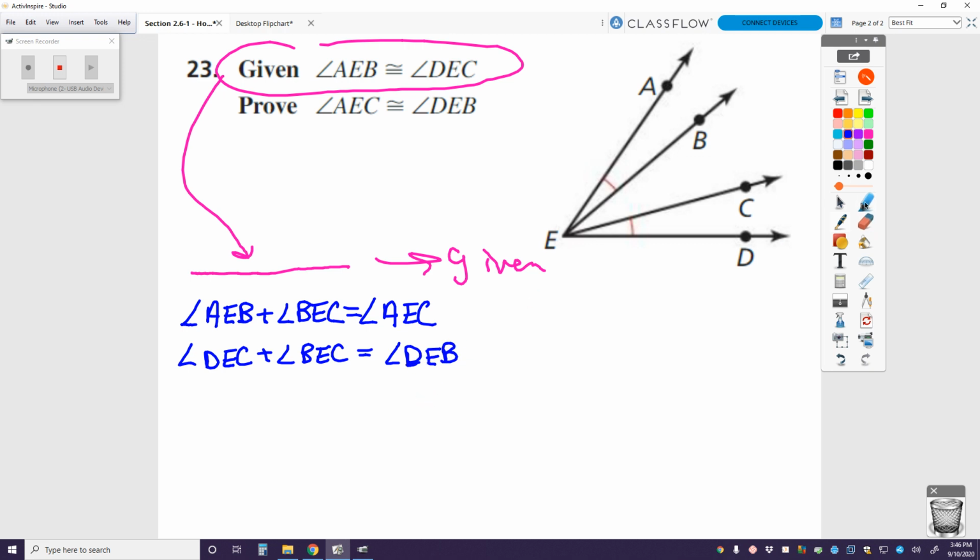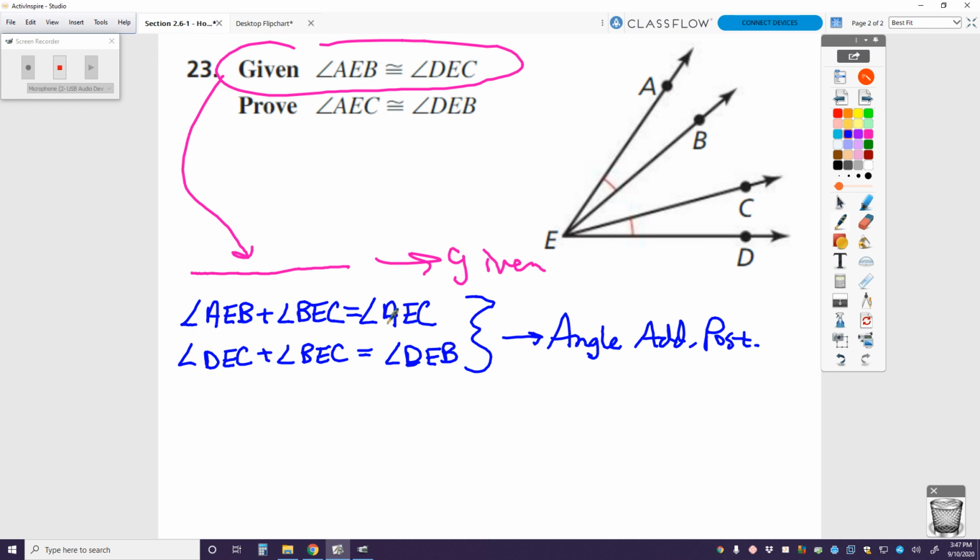Now, you'll notice AEC, we've now talked about it. Angle DEB, we've brought it into the problem. So I'm starting to get some good warm fuzzy math feelings here. We used the angle addition postulate two times, but we're just going to group them together and say we did it twice. We're good there.